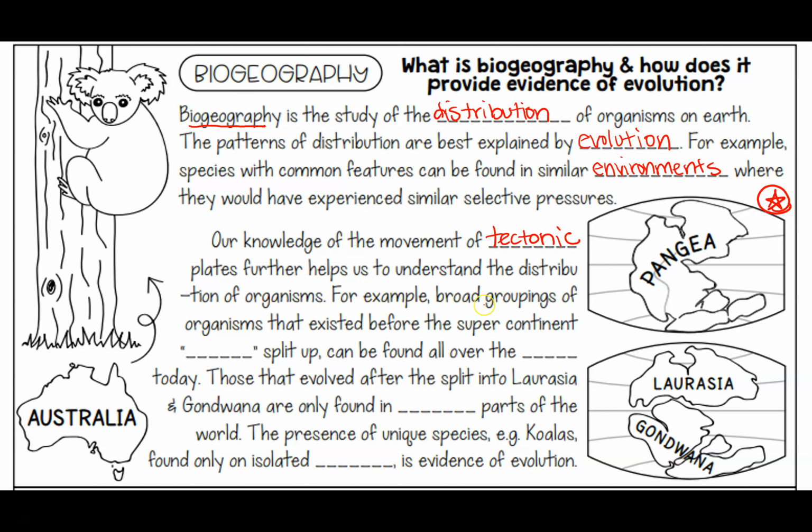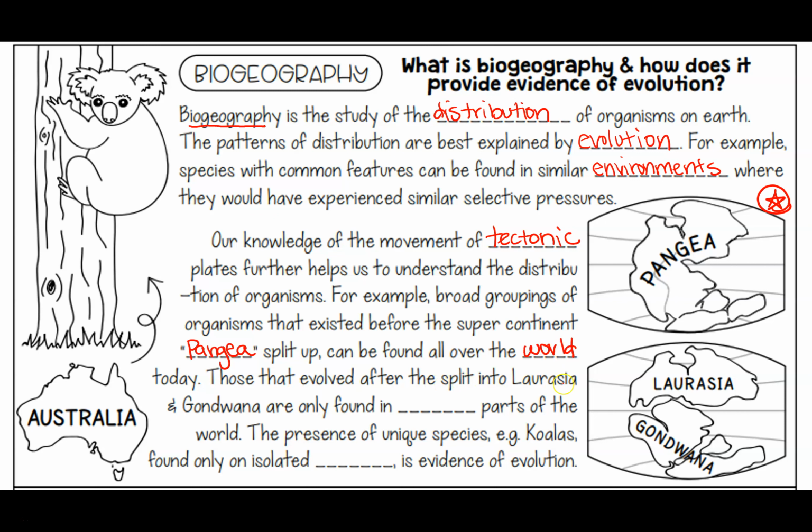For example, broad groupings of organisms that existed before the supercontinent Pangaea split up can be found all over the world today.